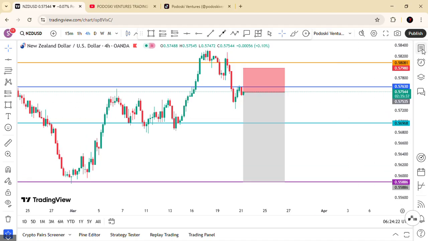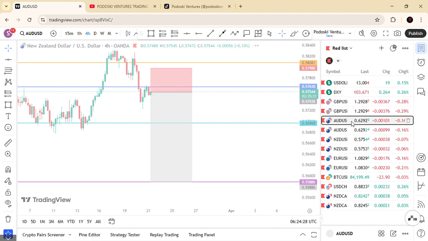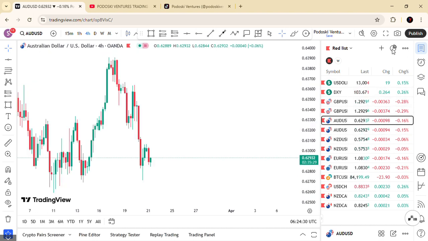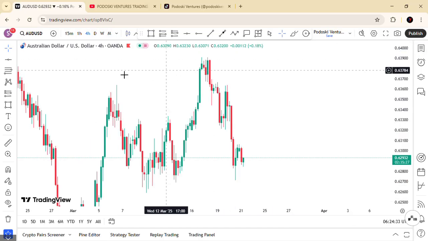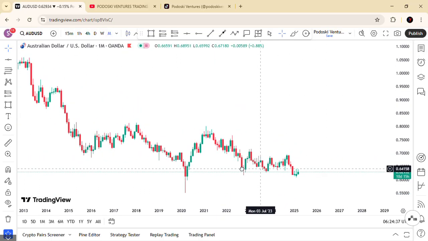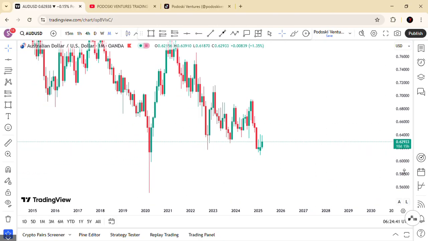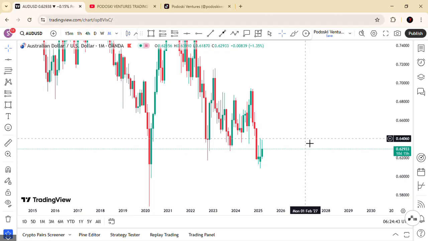So let's go on to the last pair for the day. The last pair on my list is AUDUSD. And if you notice, NZDUSD and AUDUSD are also giving us the same structure according to the monthly time frame.